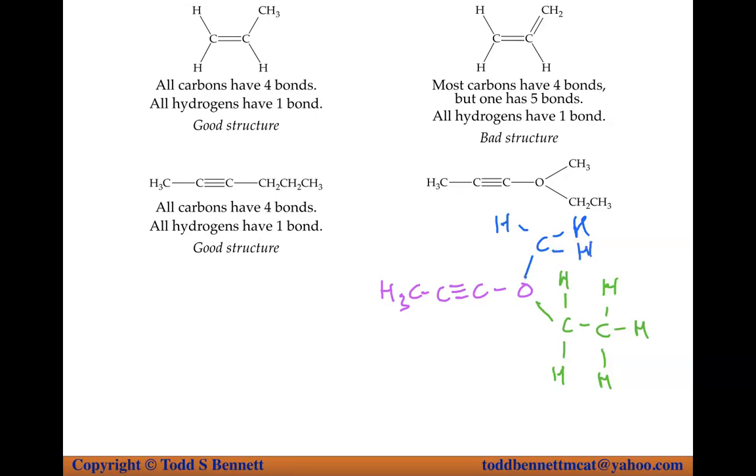Exception here, problem issue we have, that O is part of 3 bonds. Can't be part of 3 bonds and be neutral. So I'm going to consider that a bad structure.